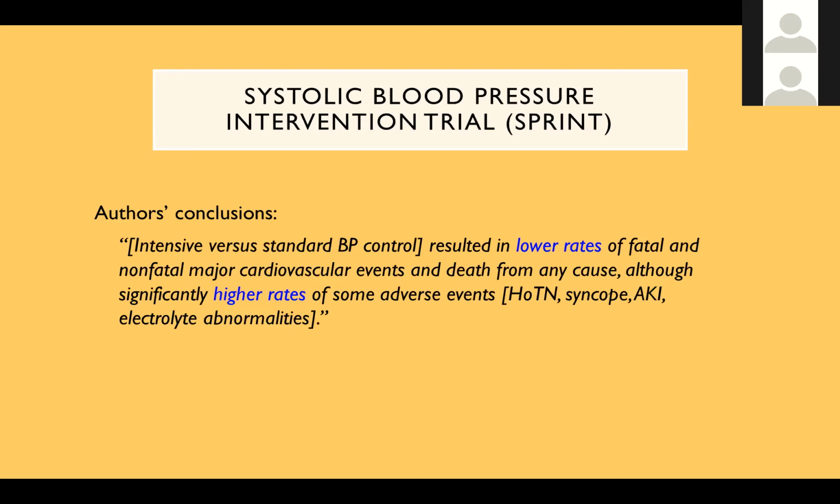If you look through the numbers needed to treat, for benefits they tend to be in the approximately 50 to 60 range. For all-cause mortality, for example, the number needed to treat was around 64, whereas the number needed to harm for the adverse events tends to be in the 40s.